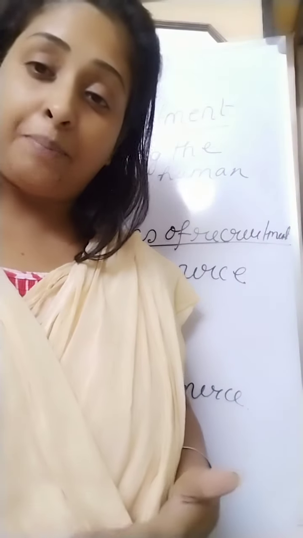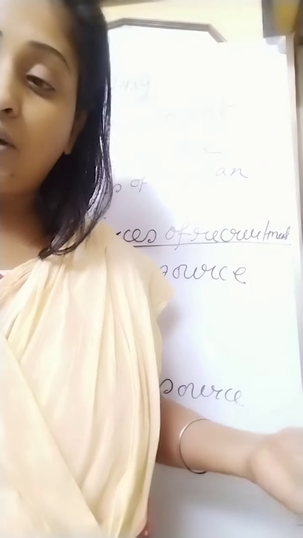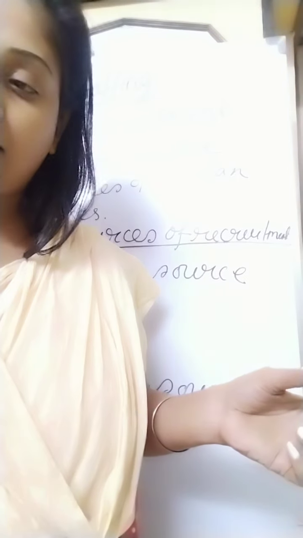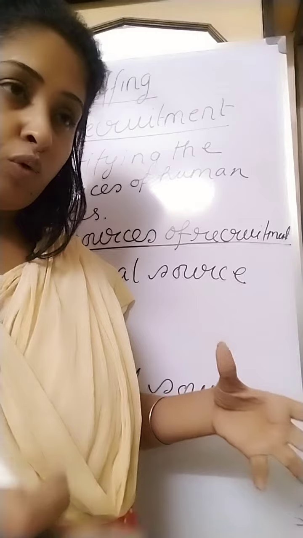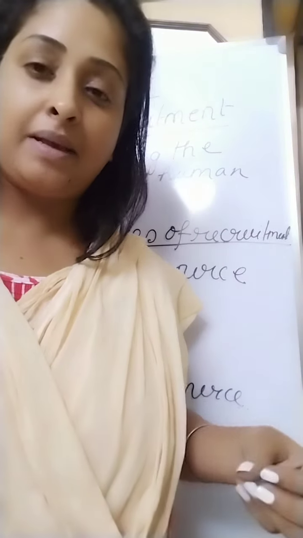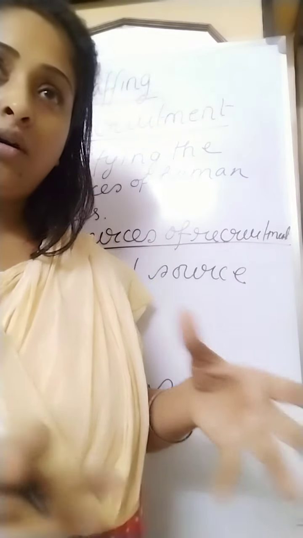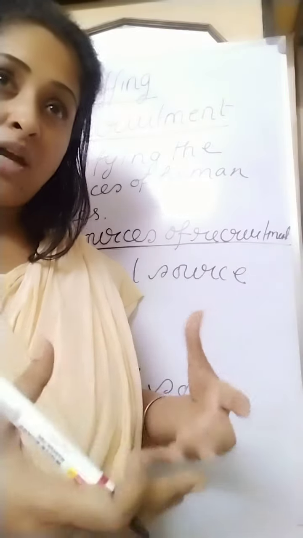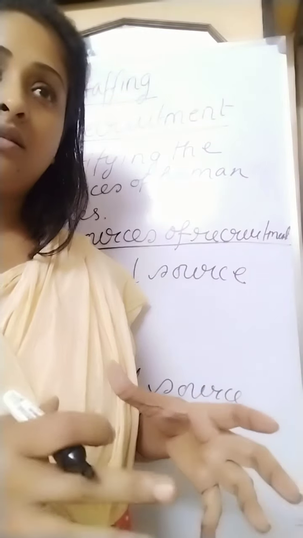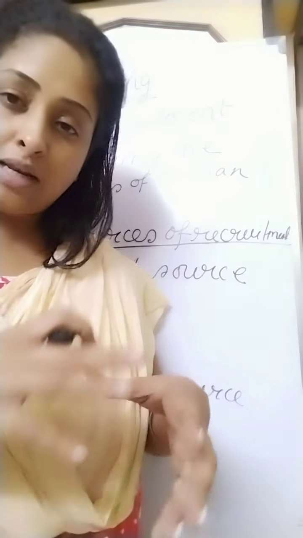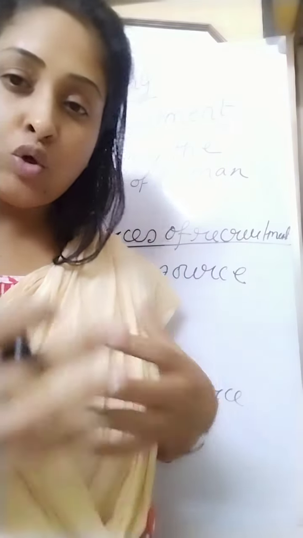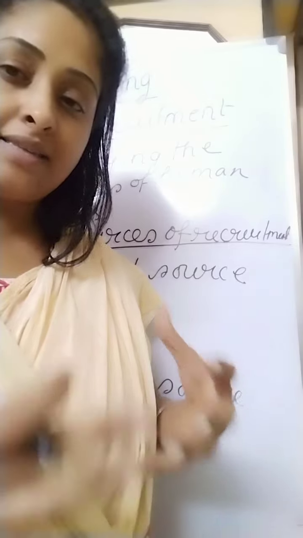Apprentices, who work on a temporary basis for a probation period, can also be called to fill up the vacant position if their performance is very good. So these are the different internal sources of recruitment.